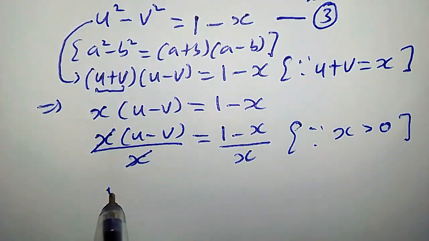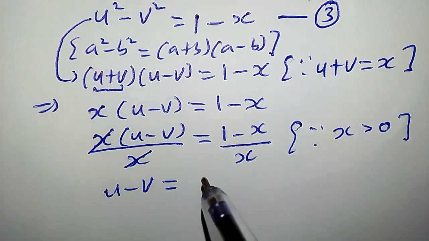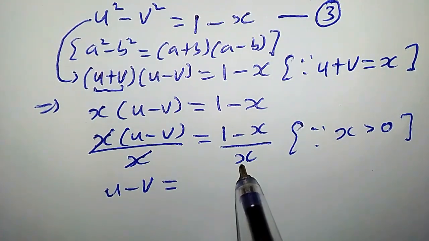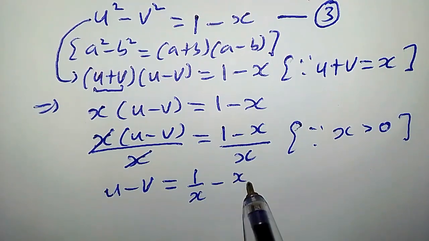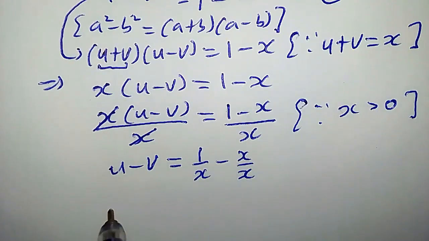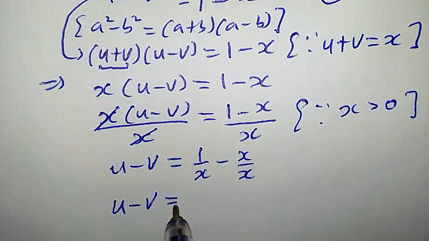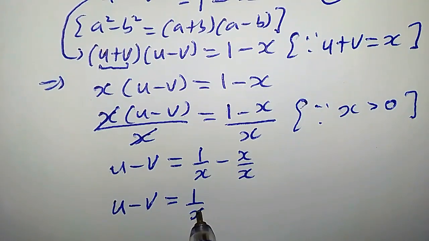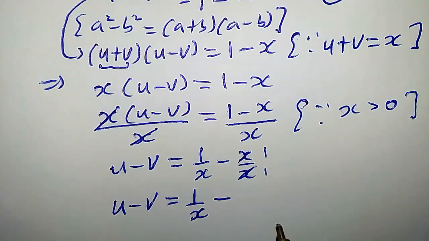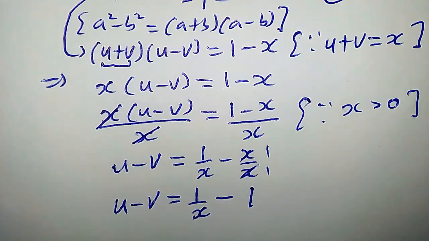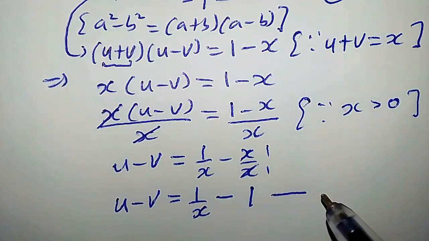We are left with u minus v equal to 1 minus x divided by x, which could be written as 1 over x minus x over x. So we have u minus v equal to 1 over x minus x cancels x. We have 1 over 1, which is just 1. Let us call this equation 4.